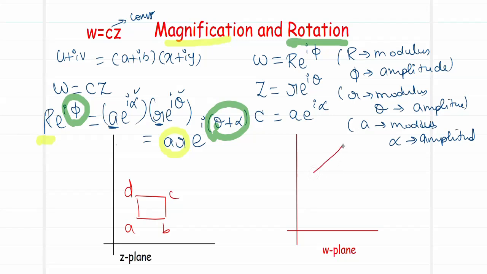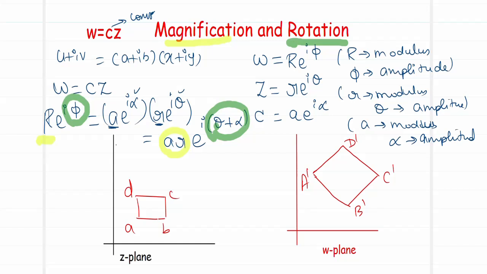So suppose it is going to be of the format where I have this to be my A dash, B dash, C dash and D dash in my W plane. So what has happened to this square-like structure over here in the Z plane? It has become bigger in size in my W plane.